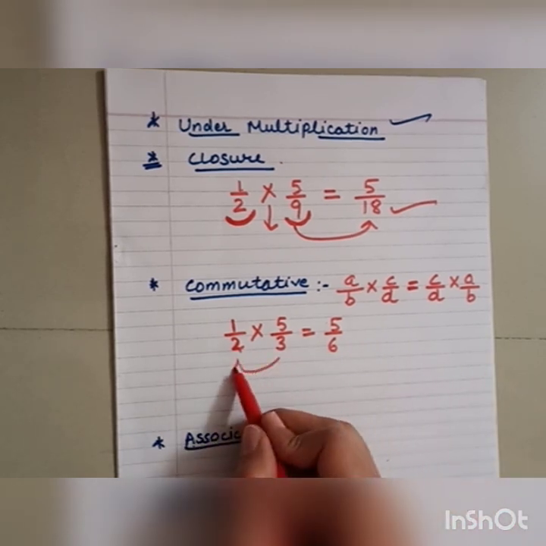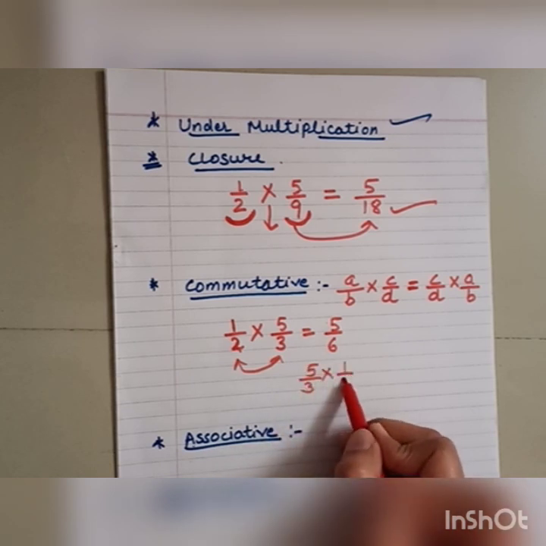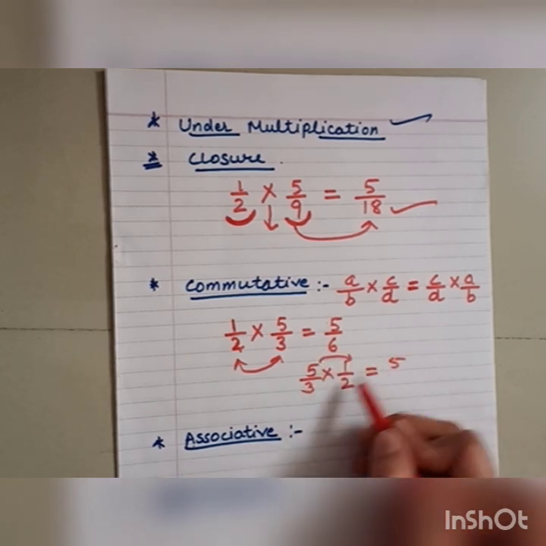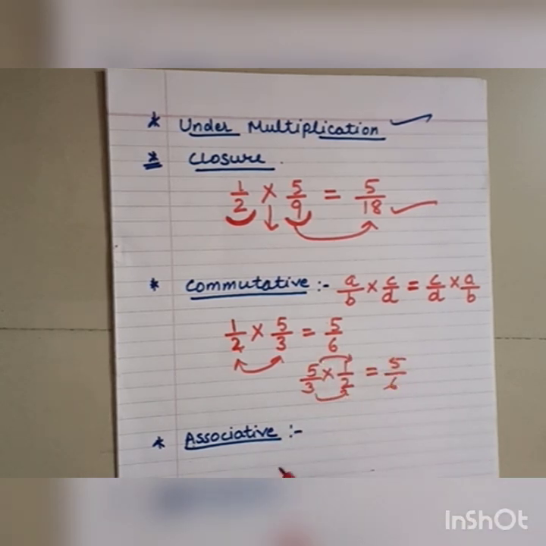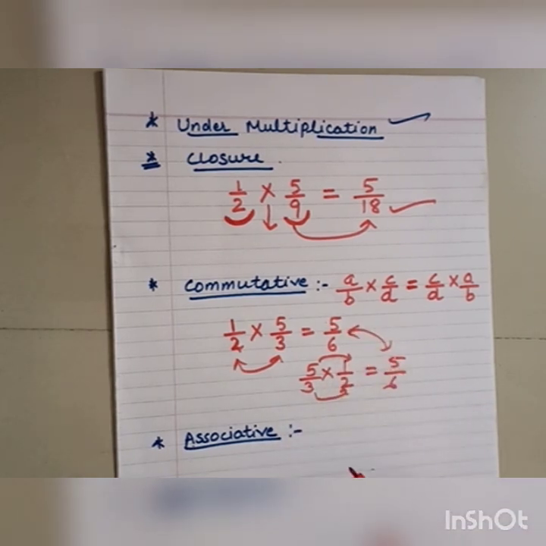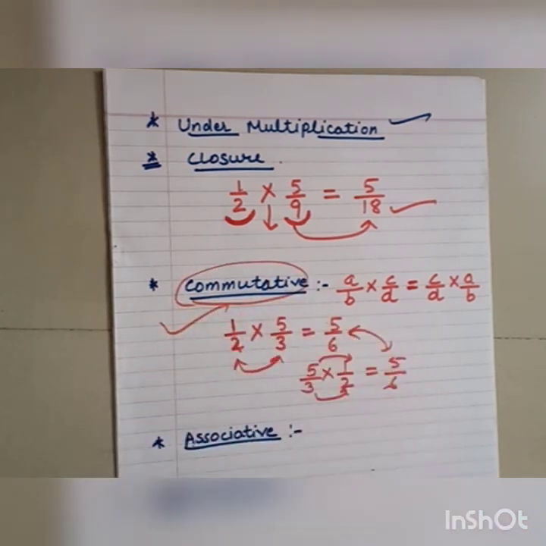When we interchange their positions, 5 by 3 in the first place and 1 by 2 in the second place, what do we get? 5 into 1 is 5, 3 into 2 is 6. Same values, 5 by 6, 5 by 6. Left hand side is equal to right hand side. So the commutative property is satisfied under multiplication for rational numbers.